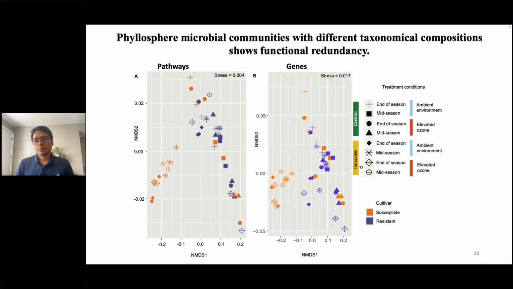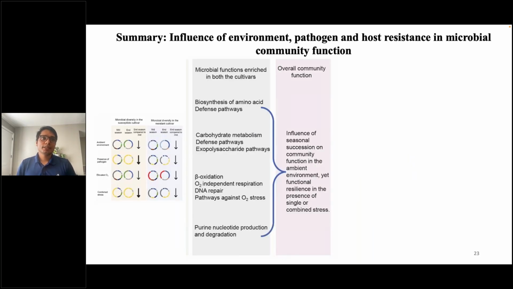And this phenomenon of distinct microbial communities performing similar functions has been referred to as functional redundancy in the microbiome. So to summarize again, from our taxonomic analysis, we saw distinct microbial communities across different biotic and abiotic stress.